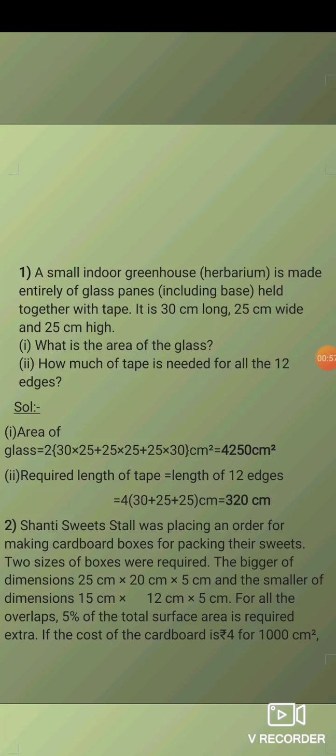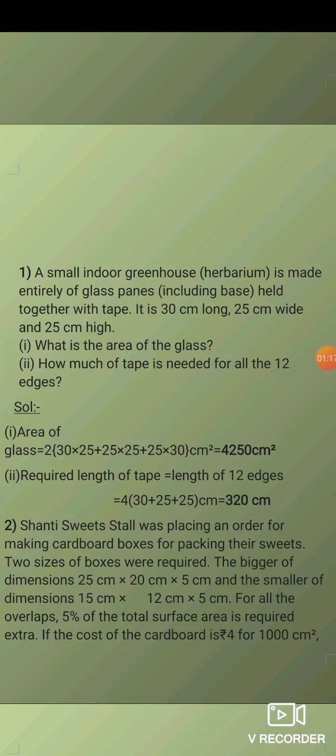It is 30 cm long, 25 cm wide and 25 cm high. Now the first question, what is the area of the glass? Second question, how much tape is needed for all the 12 edges?